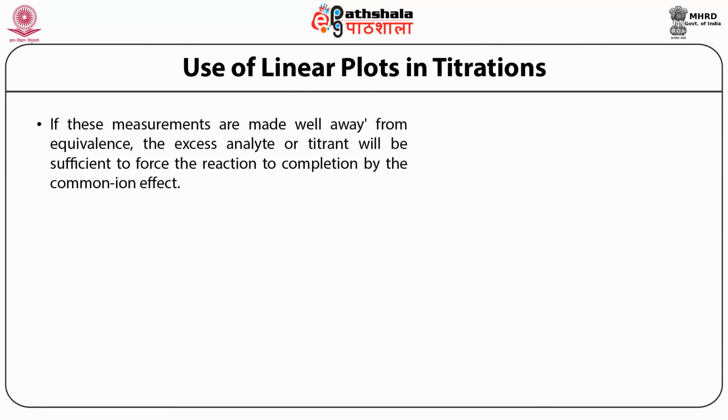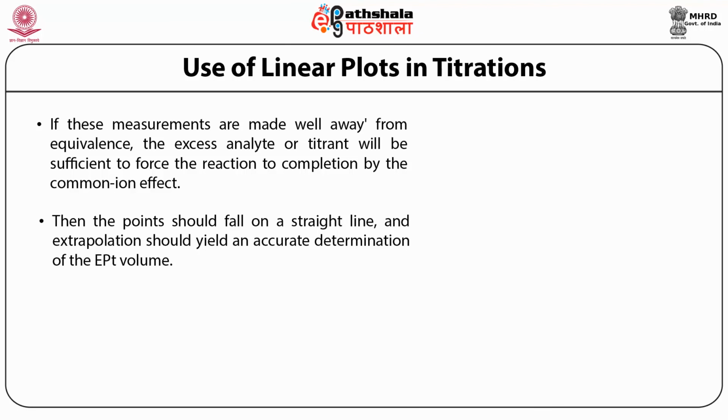If these measurements are made well away from the equivalence point, the excess analyte or titrant will be sufficient to force the reaction to completion by the common ion effect. Then the points should fall on a straight line, and extrapolation should yield an accurate determination of the equivalence point.